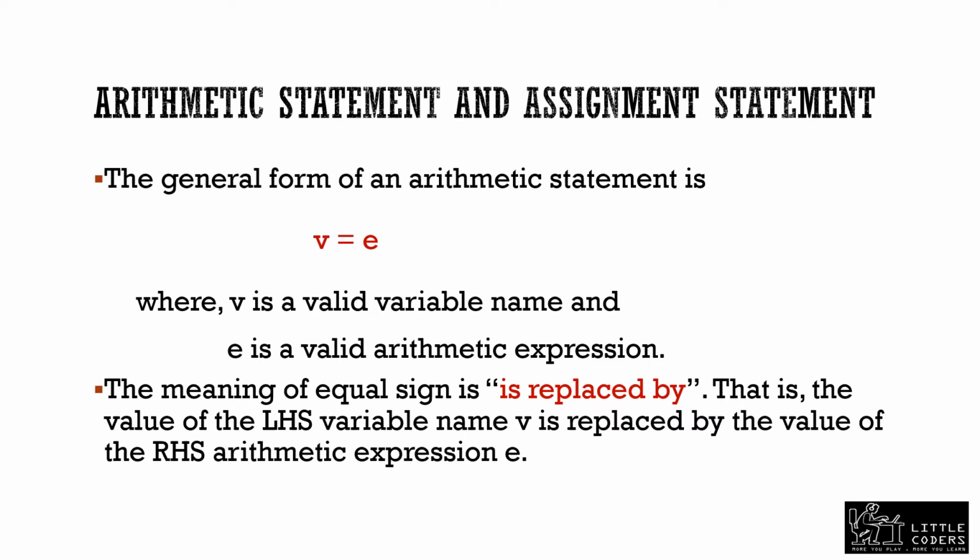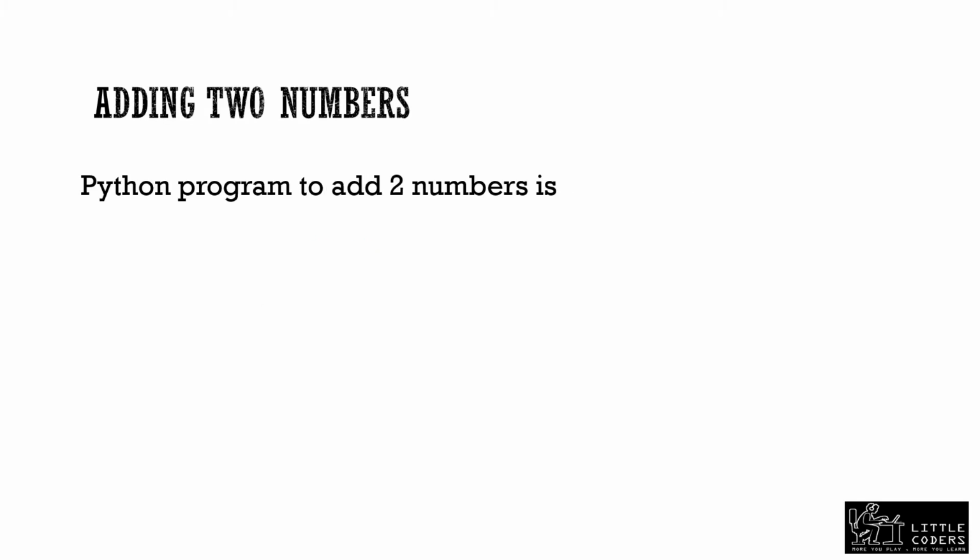To the left of the equal sign we have a variable, which is a valid variable name, and on the right hand side we have a valid arithmetic expression. The meaning of the equal sign is replaced by, that is, the value of the left hand side variable v is replaced by the value of the right hand side arithmetic expression e. This is what is done here.